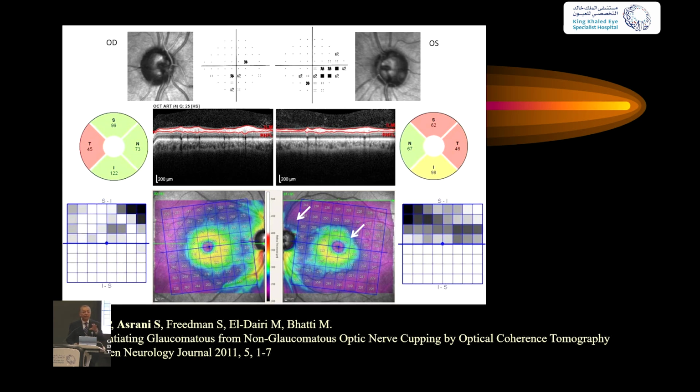In early to moderate glaucoma, you don't lose temporal nerve fiber layer thickness. Whenever you see temporal nerve fiber layer thickness loss, think neurological. There is something neurologic going on. And this turned out to be neurosyphilis, active neurosyphilis. And we were able to treat this patient and get this patient cured.